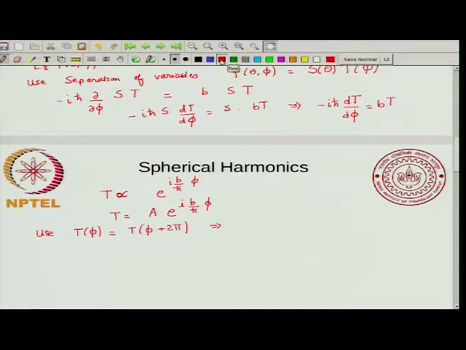If you use this, then e to the i b phi by h bar is equal to e to the i b by h bar times phi plus 2 pi. If you cancel the e to the i b phi by h bar, you get e to the i b by h bar into 2 pi is equal to 1.